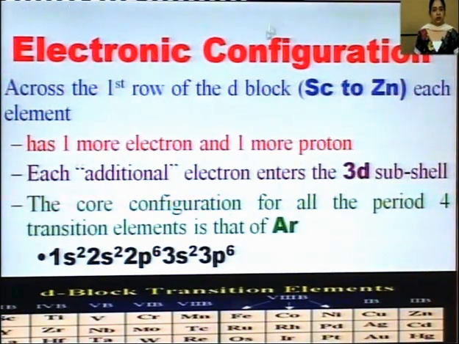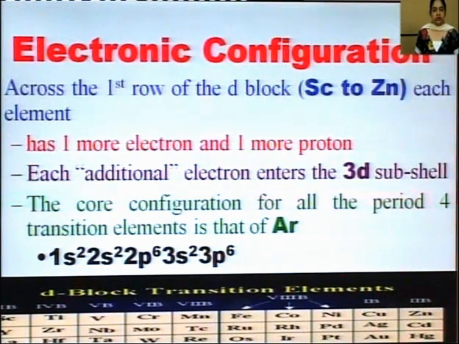Electronic configuration: across the first row of D block, scandium Sc to zinc Zn, each element has one more electron and one more proton.